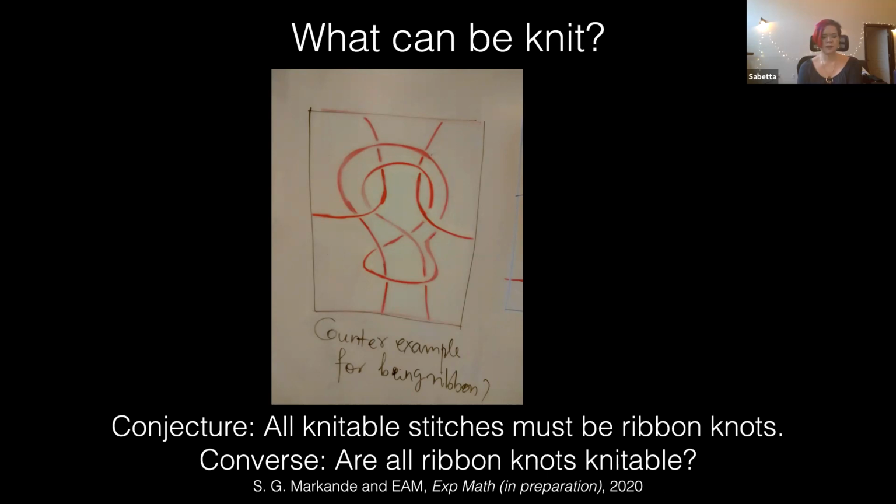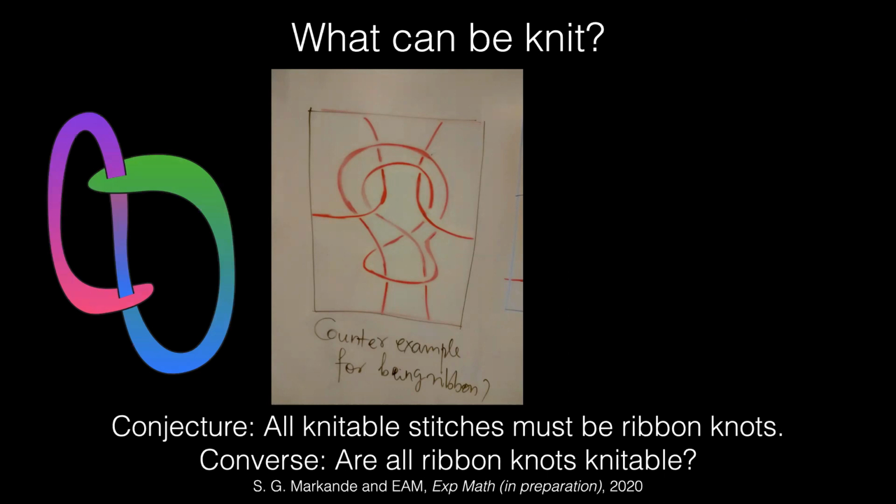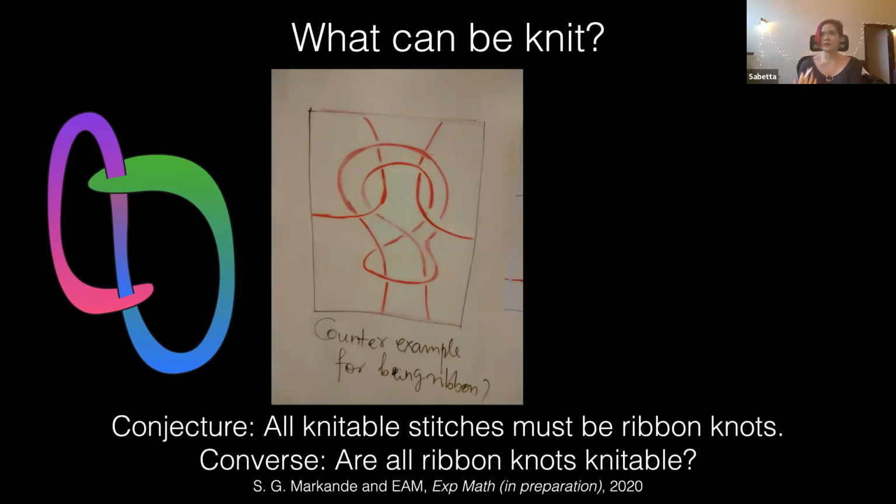And ribbon is a property where if you imagine you take a knot and you dip it in a soap film, so basically the knot now is the boundary of a disc, the only singularities you can have are places where the disc passes completely through some other portion of the disc. So you're not allowed to have bits that intersect in this X shape, like my hands are doing now.